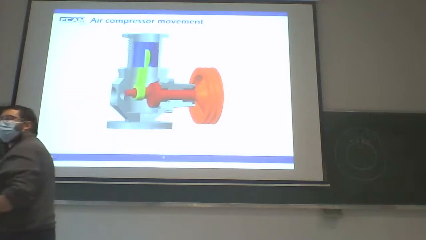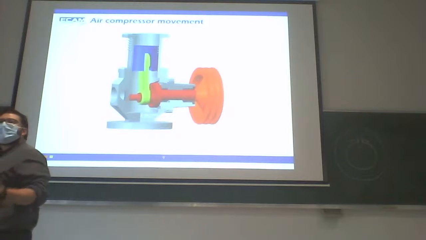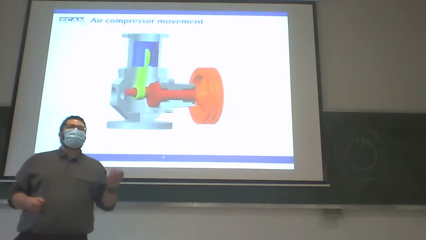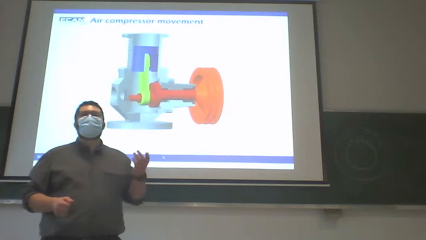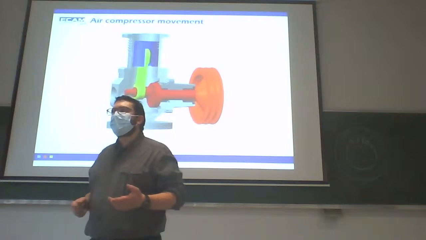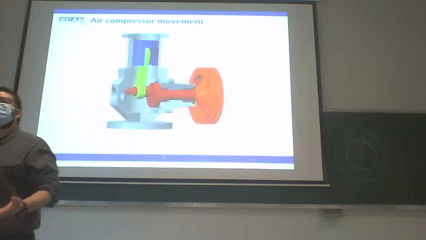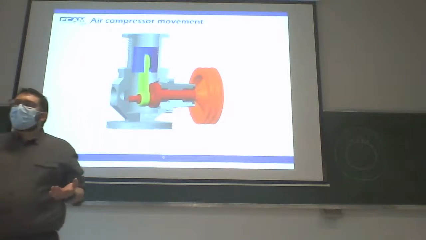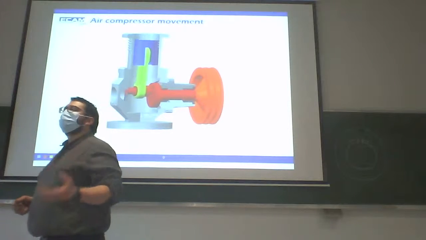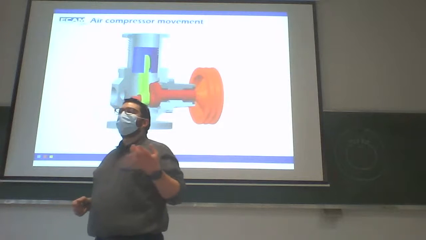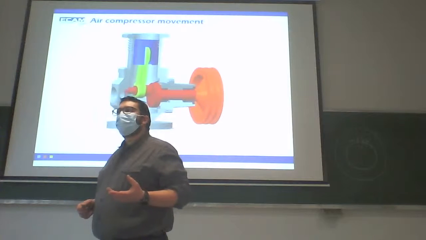Second step, graph of link. Identify the different joints between the different groups of parts. And to finish, draw the kinematic diagram by using the normalized symbols for the different joints.